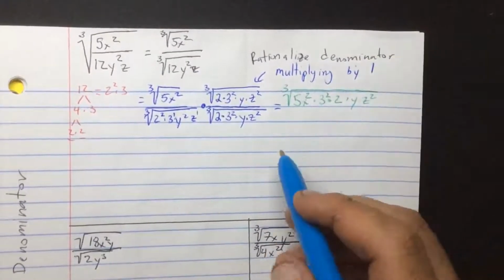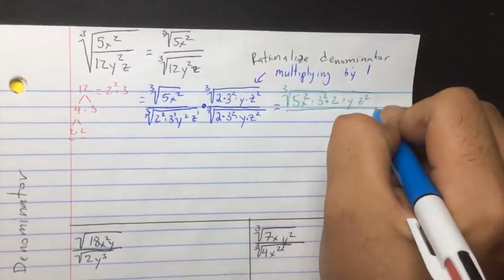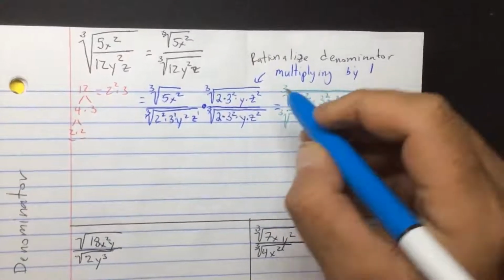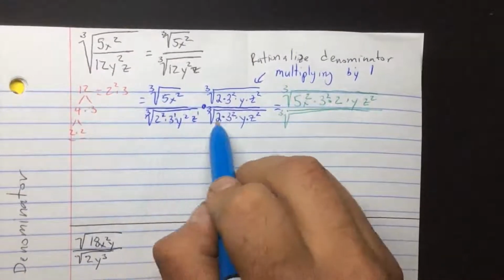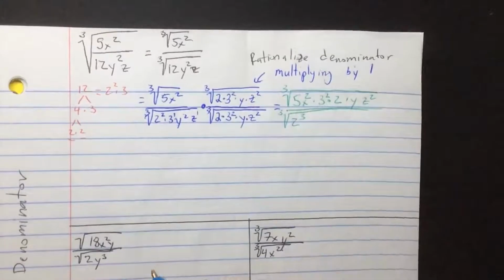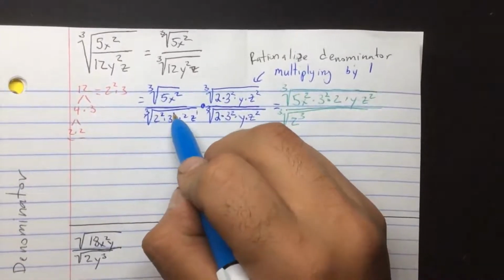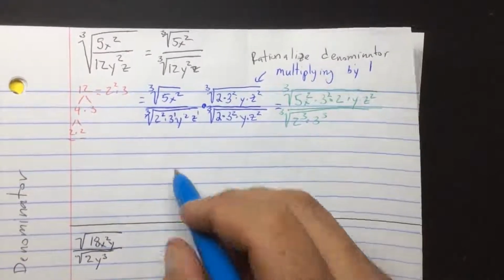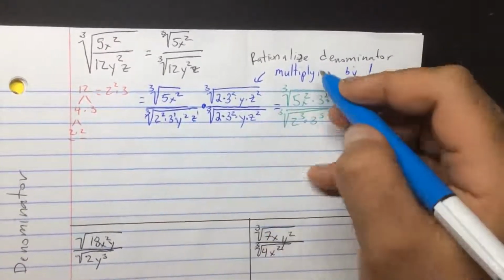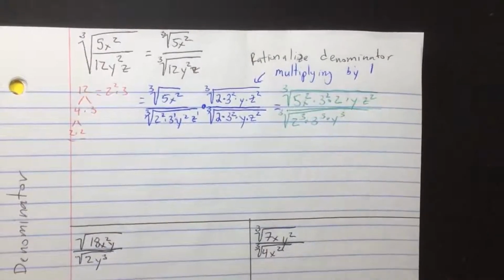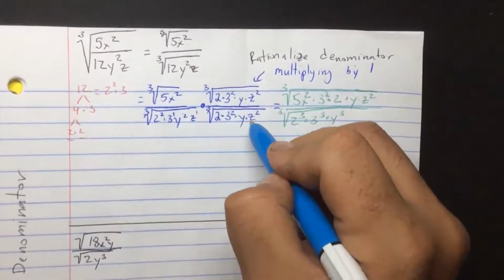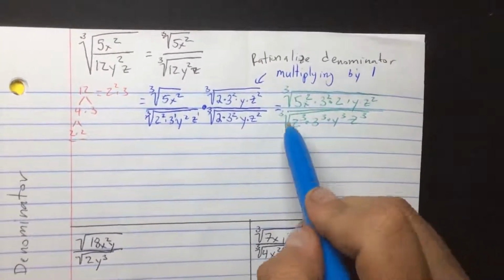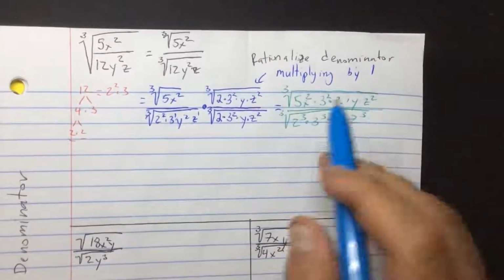Okay, and in the denominator, we're actually going to have all the wonderful pairs that we need. We have 2 squared times 2, so it's going to be 2 cubed. 3 to the first power times 3 squared, so it's going to be 3 cubed. y squared times y, which gives us a y cubed. And z to the first power times z to the second power, which is going to give us z to the third power. So now we know everything in the bottom is cubed, so everything in the bottom can come out.